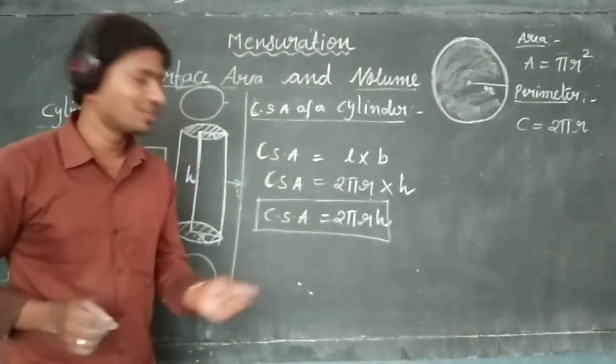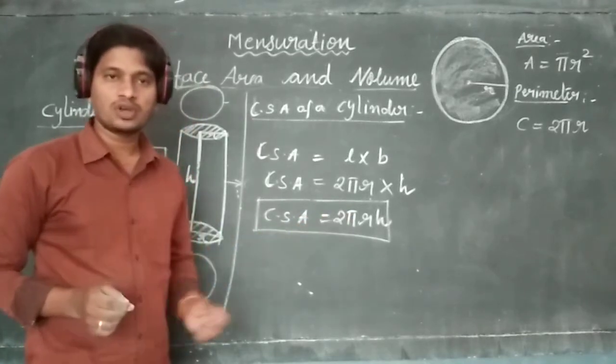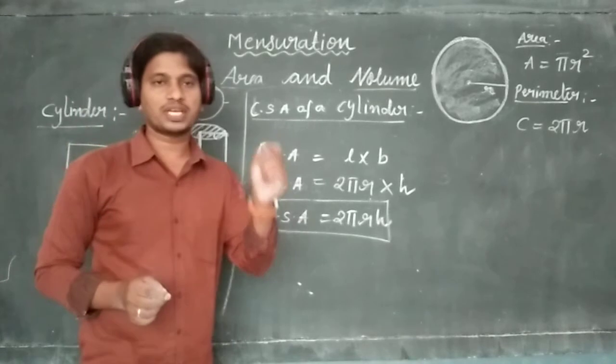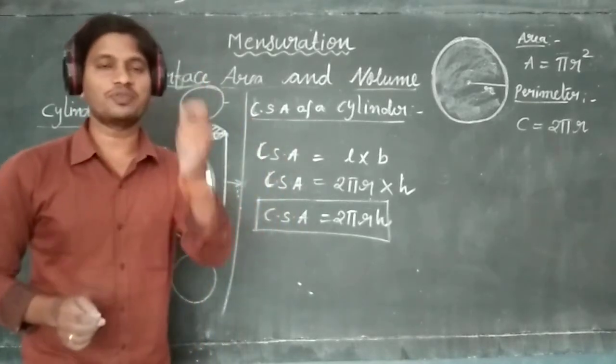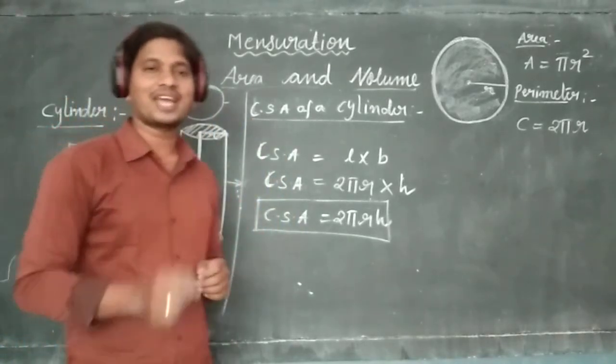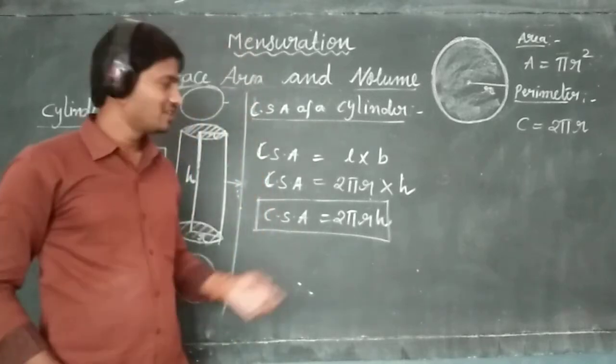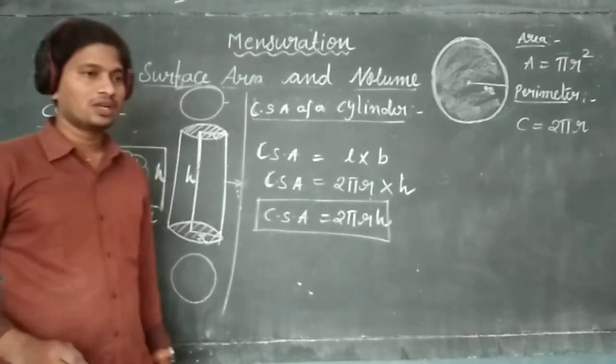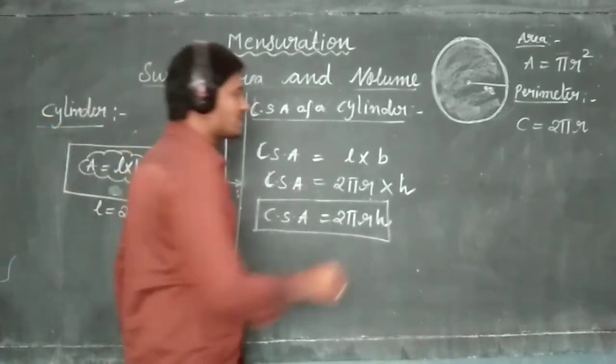CSA of cylinder is equal to 2 pi r into h, which is 2 pi r h. Okay, students, now understood what the CSA of a cylinder is? How we got 2 pi r h: length becomes the circumference of the circle and breadth becomes the height of the cylinder, which is 2 pi r into h. Okay, now coming to total surface area.